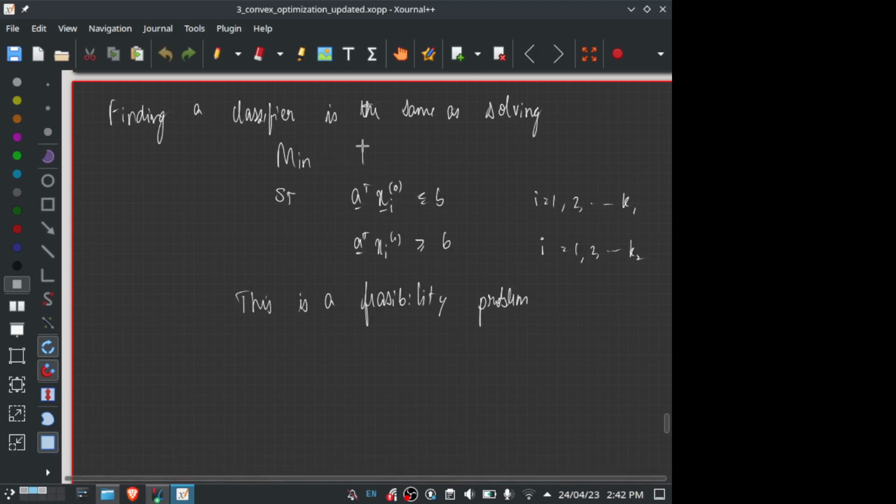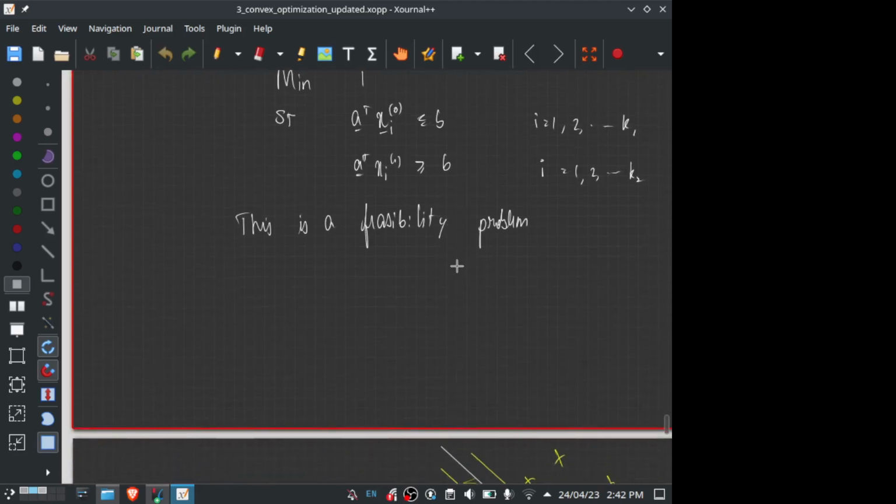Basically, you just minimize a constant function subject to the constraints that all points coming from one subset lie on one side of the hyperplane, and all points from the other subset, that is those labeled 1, all lie on the other side of the hyperplane. But we can improve this.